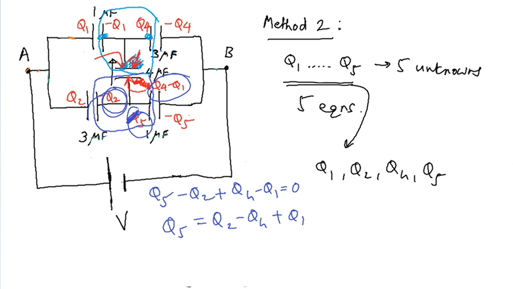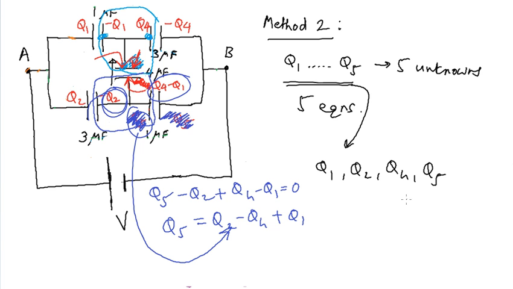So this charge Q5, I need not write it. I can write it in terms of Q2 minus Q4 plus Q1, and the negative of that, that is minus Q2 plus Q4 minus Q1, would be written here in place of minus Q5.